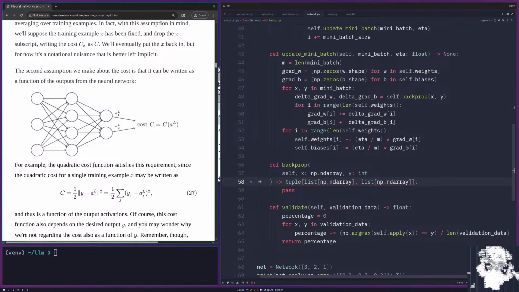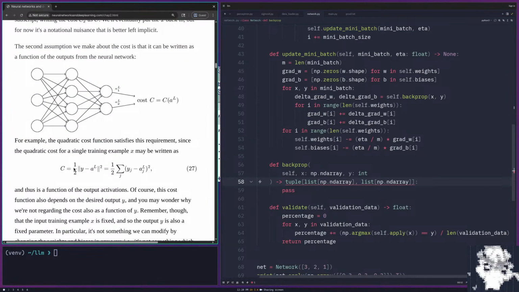For example, the quadratic cost function satisfies this requirement, since the quadratic cost for a single training example x may be written as C equals 1/2 times the square of the distance between y and A of L, which is equal to the sum of the squared distances between each component in the vector.